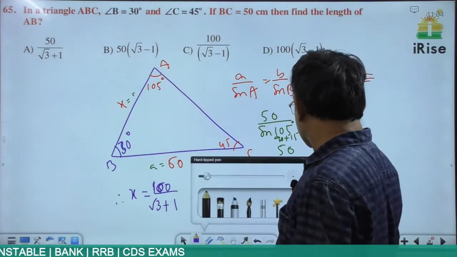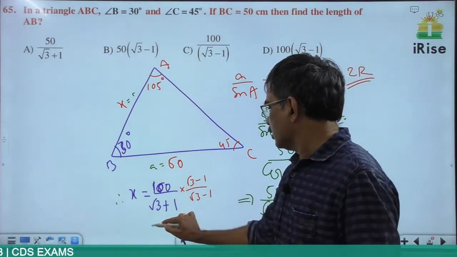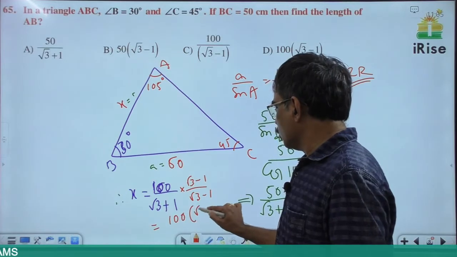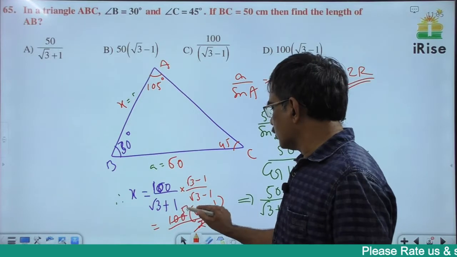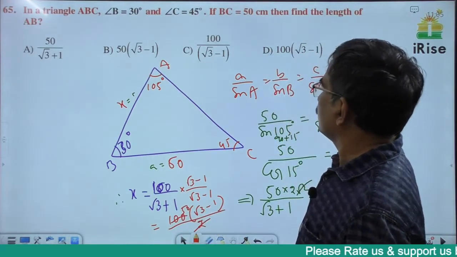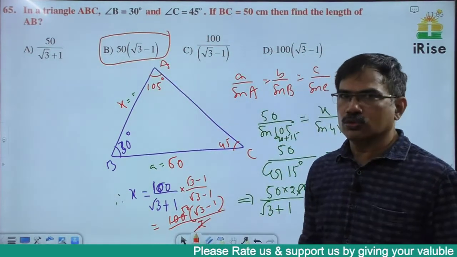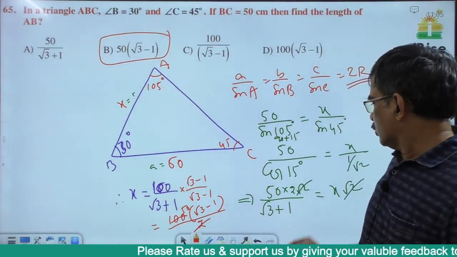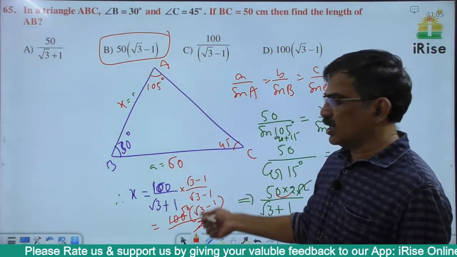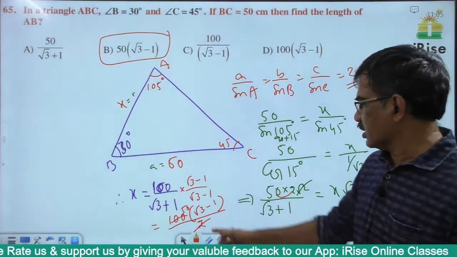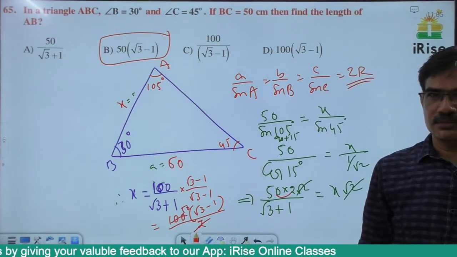So I want to multiply by root 3 minus 1 by root 3 minus 1. This is 100 into root 3 minus 1 by the product of these two, which is 2. Cancel, so the answer is 50 times root 3 minus 1. We rationalize the denominator and get 50 into root 3 minus 1 as the answer.